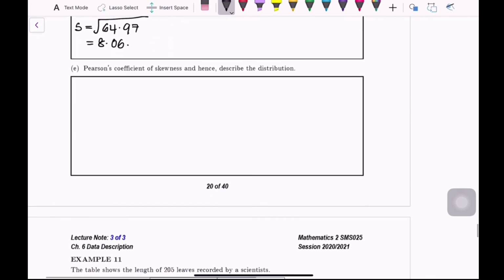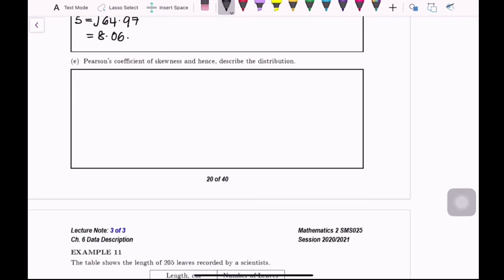E. Find Pearson's coefficient of skewness and hence describe the distribution. For Pearson's coefficient of skewness, SK, the formula is 3 times mean minus median over standard deviation.